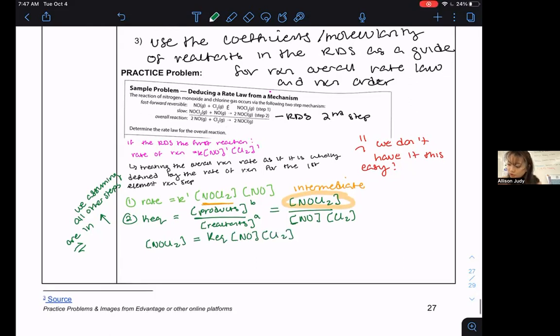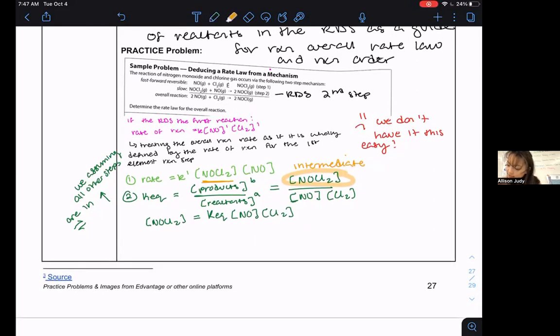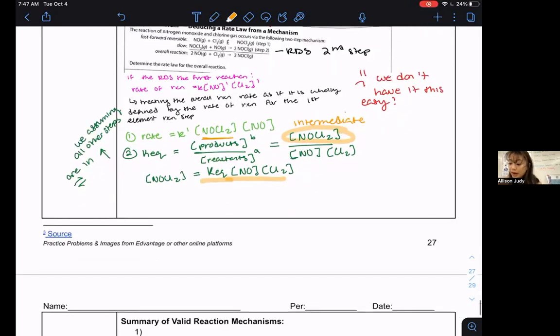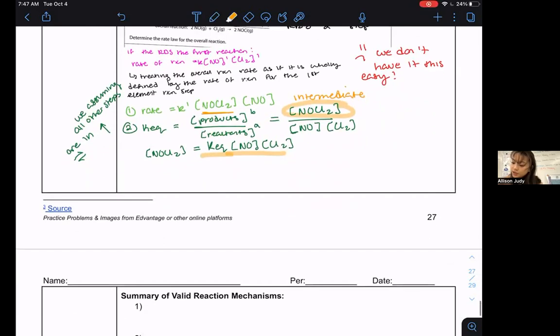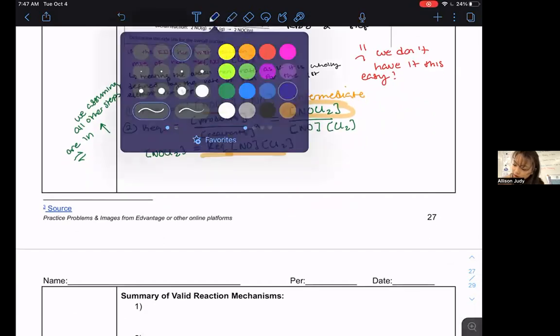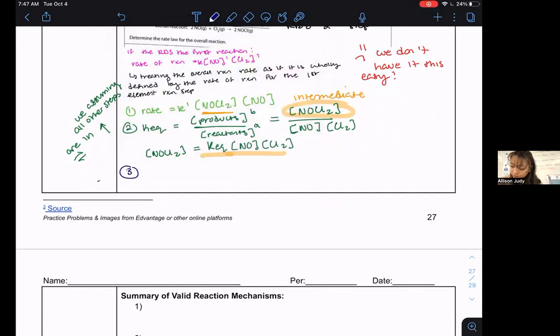Oh look, that's really handy, because now that allows me to replace the concentration of NOCl2 in my rate law. So step 3, I'm going to now substitute for NOCl2. I can get rid of this intermediate in my rate law for my rate determining step, which is going to serve as my rate law for my overall reaction.